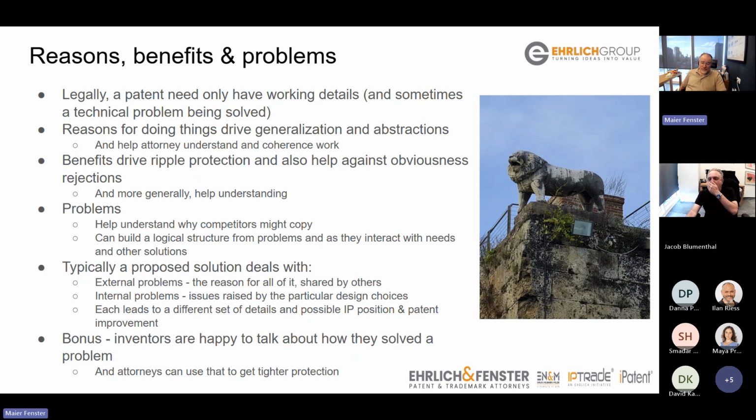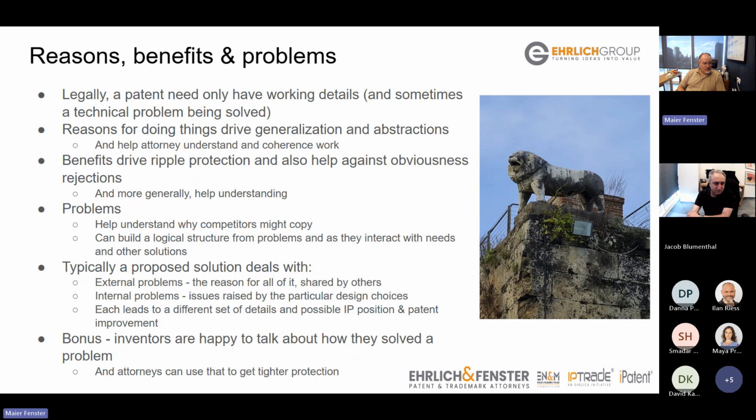On the other hand, if you understand the reason why a detail is there or not, it helps drive, like I said before, your ability to do generalization and abstraction. It helps the patent attorney understand what's going on, and it helps you check for coherence, because if something is done for one reason, and then there's a detail which contradicts that, you have a coherence problem.